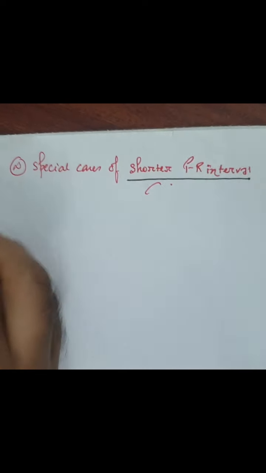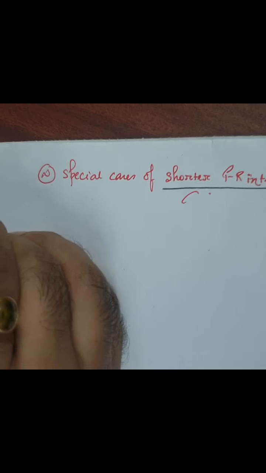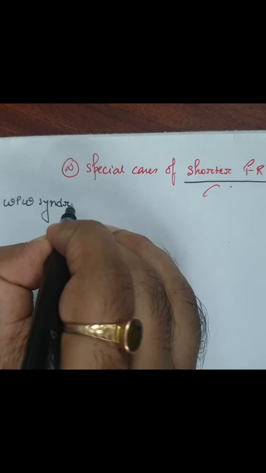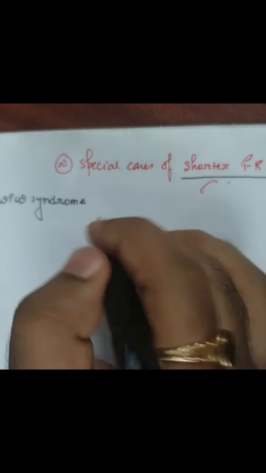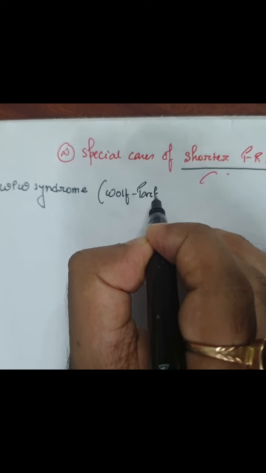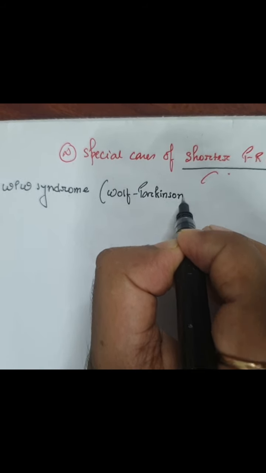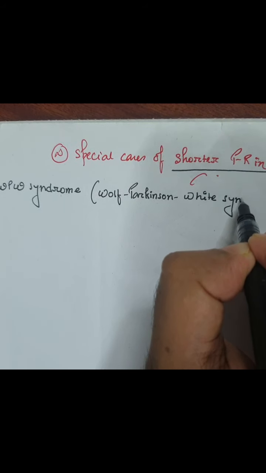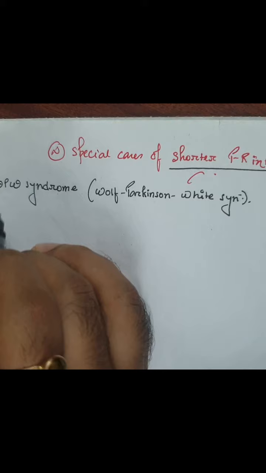There are two categories. Number one is WPW syndrome. The full form is Wolff-Parkinson-White syndrome.